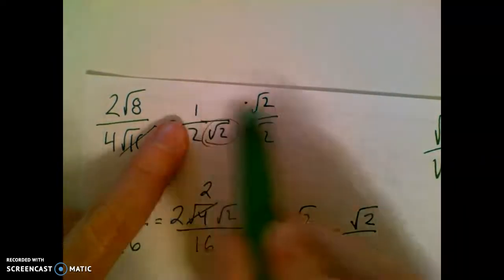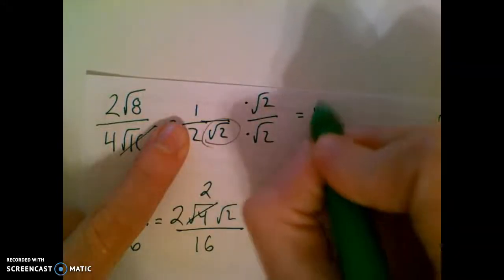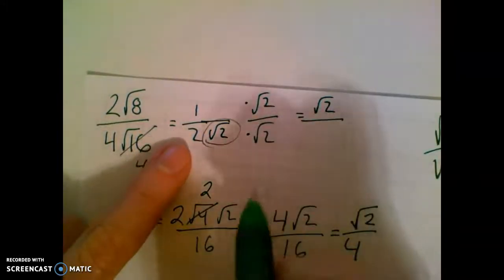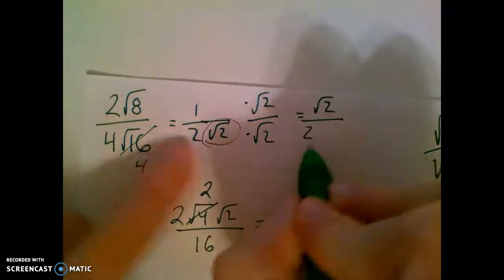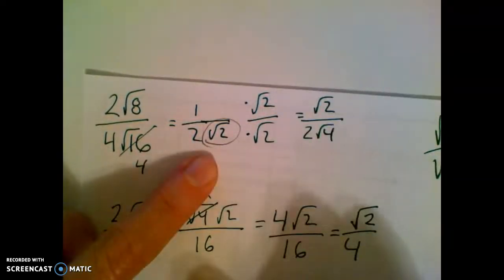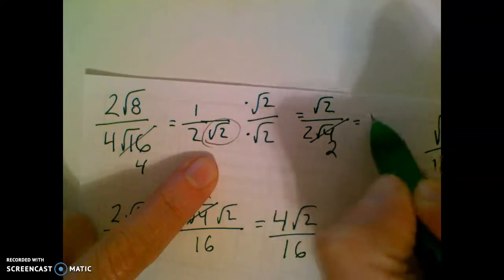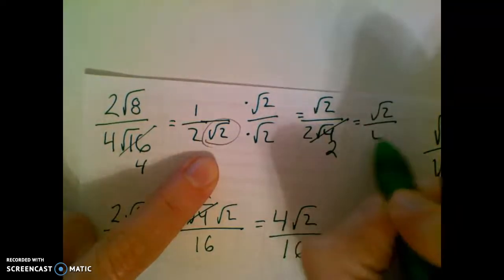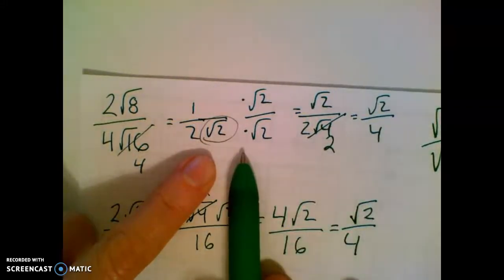So then multiplying straight across the top, outside and inside, I just can't do anything, so kind of just push them together. And then down here, outside is a 2, inside is a 4, but square root of 4 is a 2, so you end up with root 2 over 4 as well. So either way you do it, you get the same answer, but we're not going to rationalize. That's just a free lesson right there.